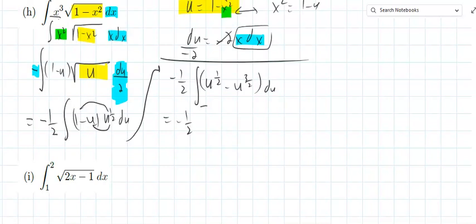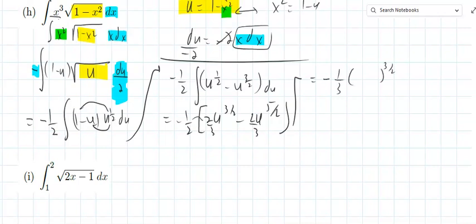That is negative 1/2. Add 1 to the power. Divide by that. Add 1 to the power. Divide by that. And if you want to distribute that in, that makes it negative 1 over 3. And that makes it a positive. The 2's cancel out. 1/3.